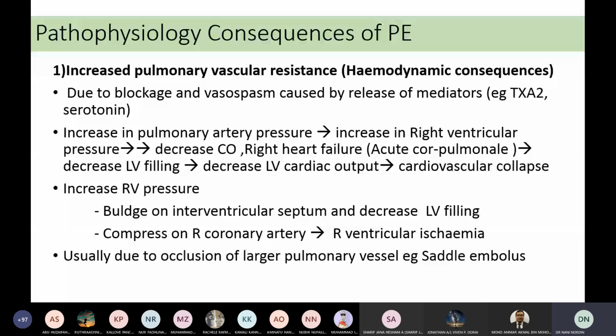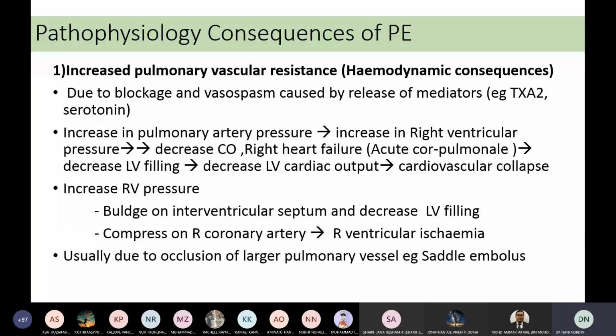This will lead to right heart failure. Eventually this will lead to a decrease in the left side of the heart, a decrease in left ventricular cardiac output. So this will cause cardiovascular collapse.